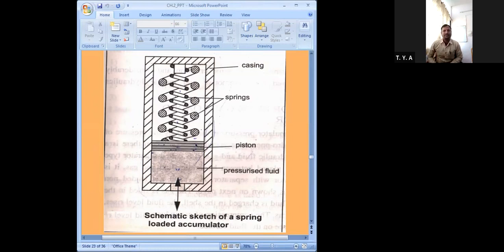So that is the basic working principle and operation of this spring loaded accumulator. Understood? Please reply to me.